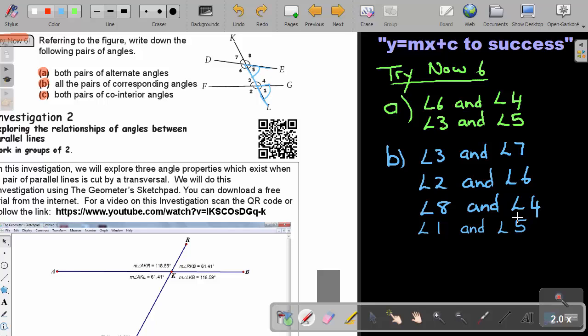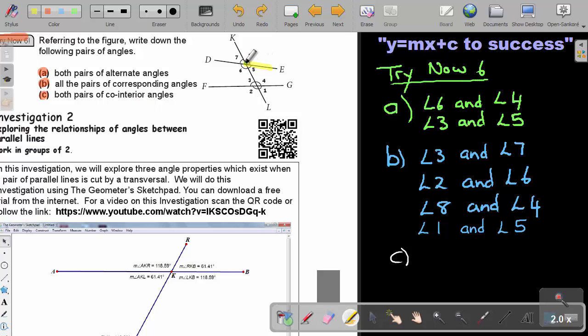Okay, and then the last one is number C. And number C is the co-interior, and I made it yellow. So I think we're going to make it white now. Oh, the white will not work. Let's make it red, just for this example. No, we will work with yellow. We will just write in white. So basically, remember co-interior angles. Let's just go for that yellow.